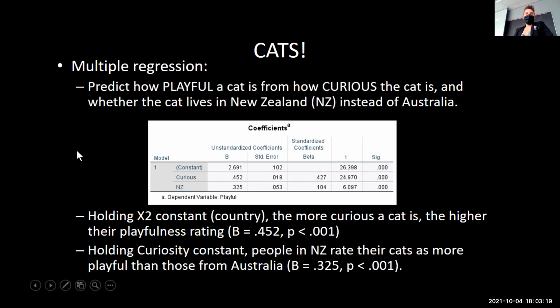Holding constant which country the cat is from, the more curious a cat is, the higher their expected playfulness rating is. Or if you're holding curiosity constant, people in New Zealand are rating their cats as more playful than people in Australia, and that's significantly different from 0.